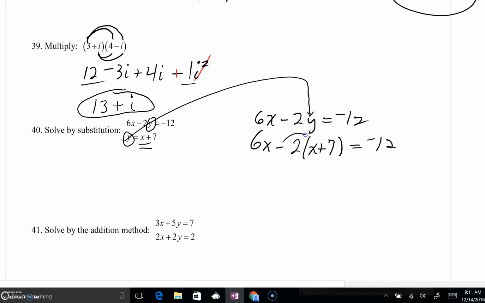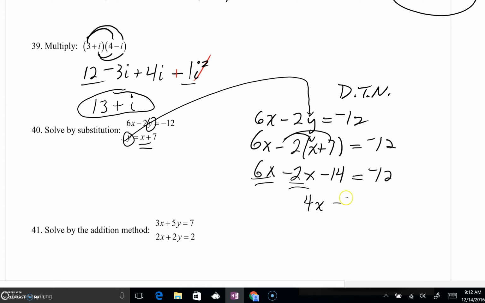I'm going to distribute the negative, DTN, something we say so much. -2 times x is a -2x. -2 times 7 is -14. 6x minus 2x, like terms, they become 4x. Then what? We'll add a 14. And 14 added to -12 is actually a 2.